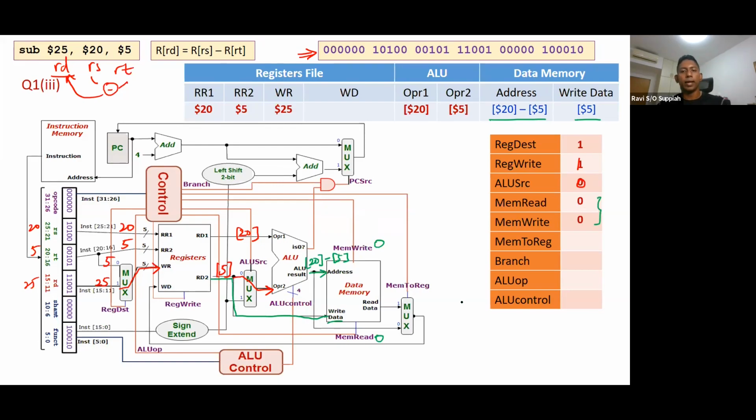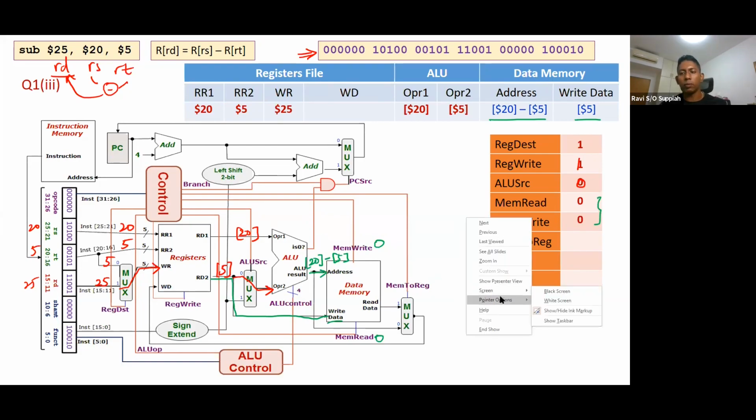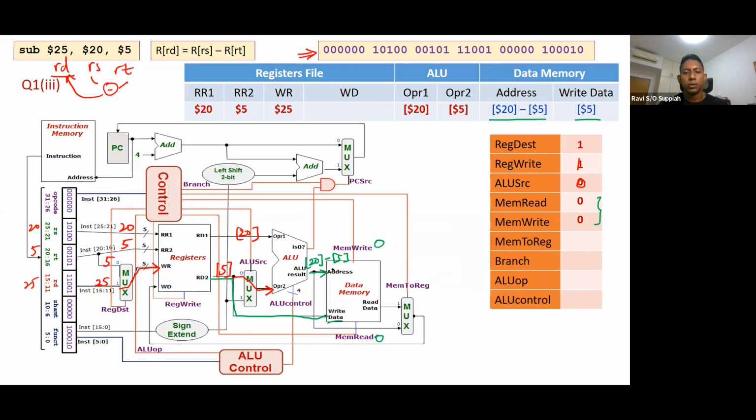All right. And in this case, since we want the ALU result to be returned back to the register, this ALU result that is coming out here is the one that should be channeled to go back to the WD, the write data.